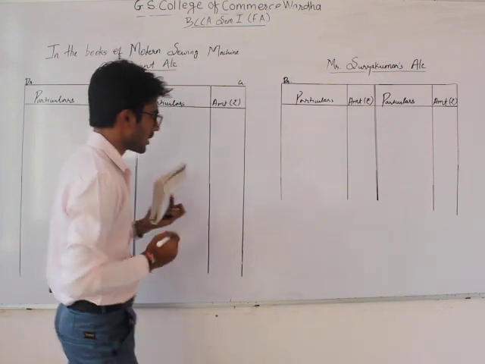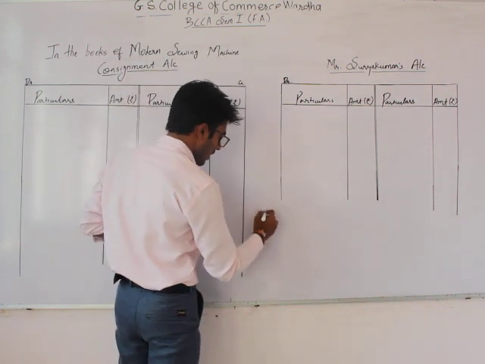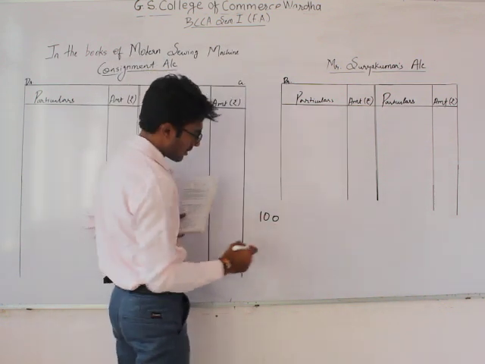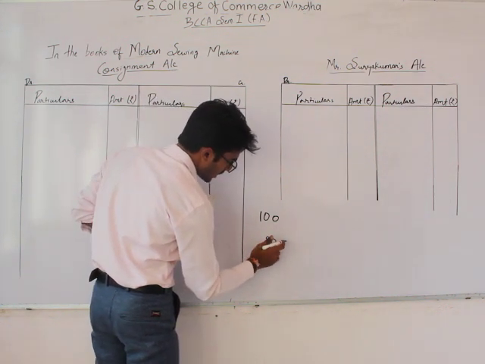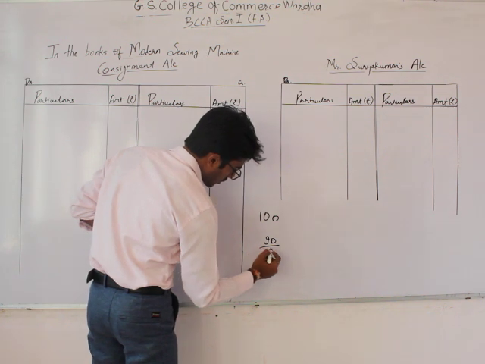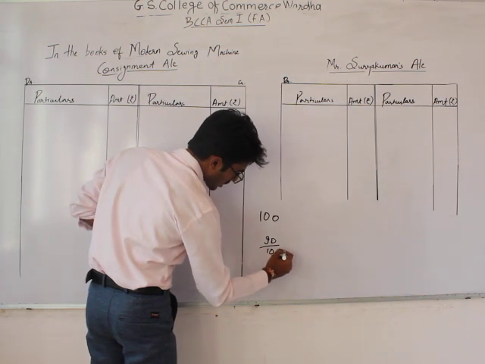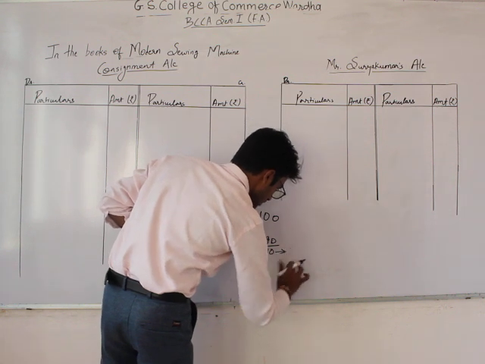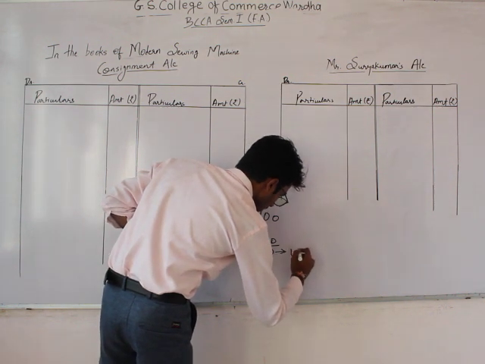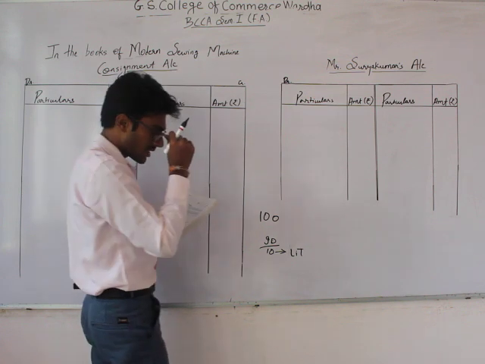Now how can we calculate the pieces? We had 100, now the consignee received 90. So this 10 is your loss in transit.